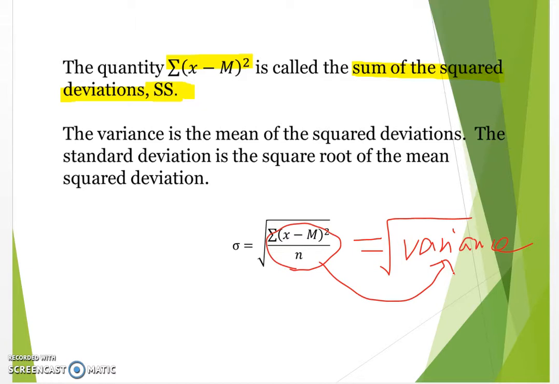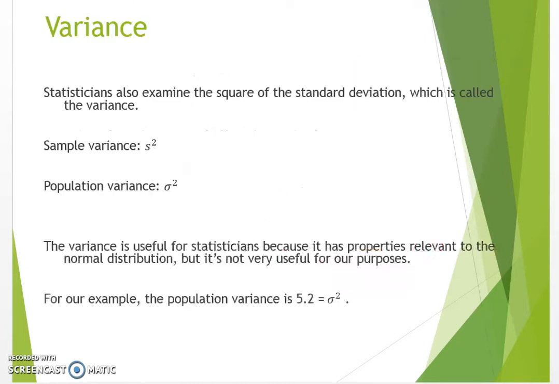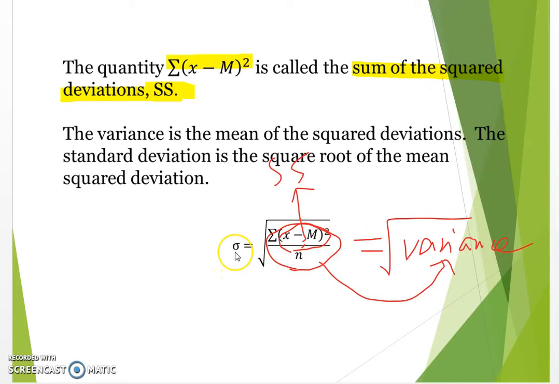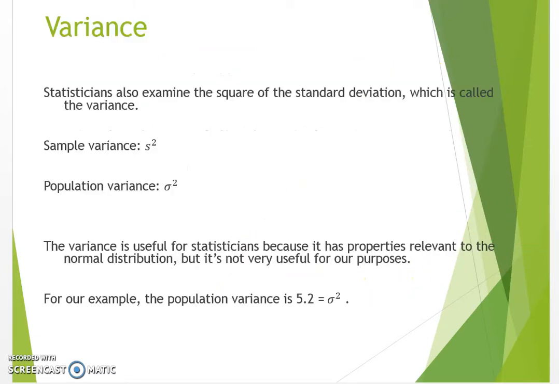And the top, the sum of x minus m squared, is called the sum of the squared deviation. So as you have seen, standard deviation is the square root of variance. So variance will just be the square of the standard deviation.